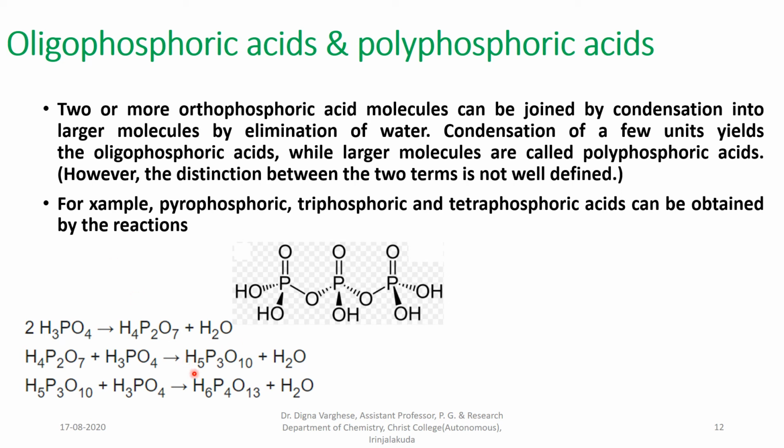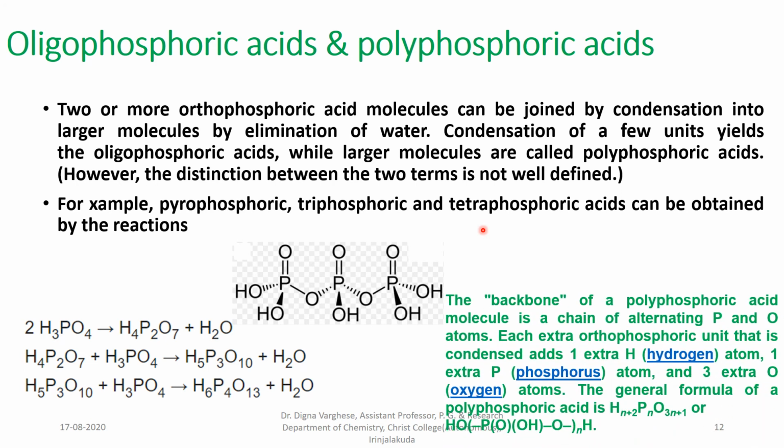These are condensed phosphoric acids. Condensation of a few units yields oligophosphoric acid, while larger molecules are called polyphosphoric acids. The backbone of a polyphosphoric acid molecule is a chain of alternating phosphorus, oxygen, phosphorus, oxygen, phosphorus.